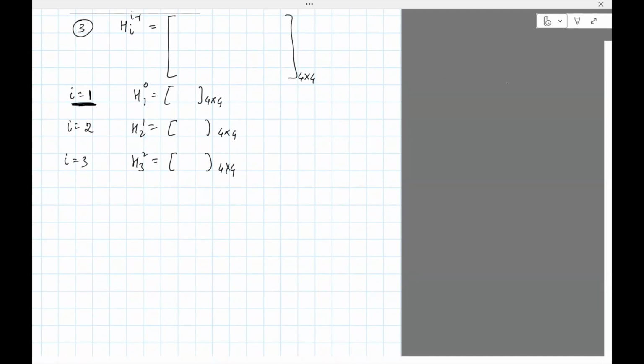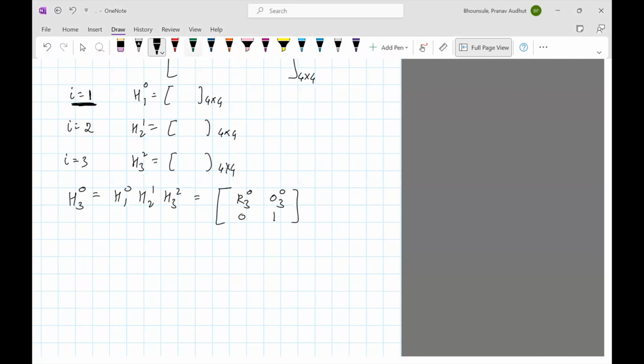Now we are interested in computing the position of the end effector. So we need H3 with respect to 0. So that would just be H10, H21, H32, which, by the way, would be something like this: R30, 0 0 0 1.